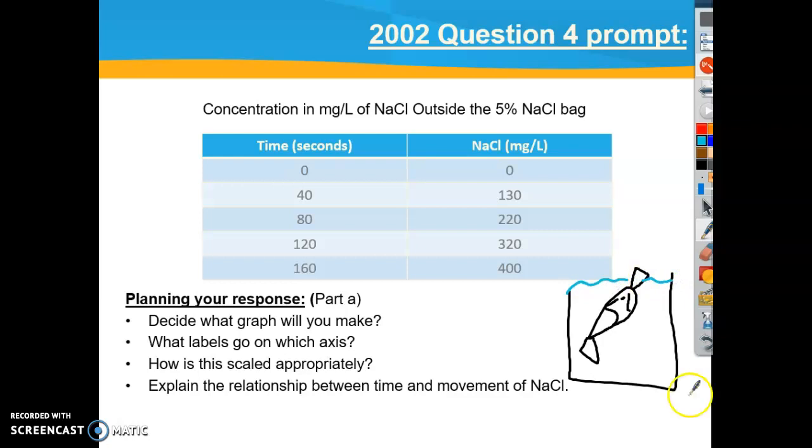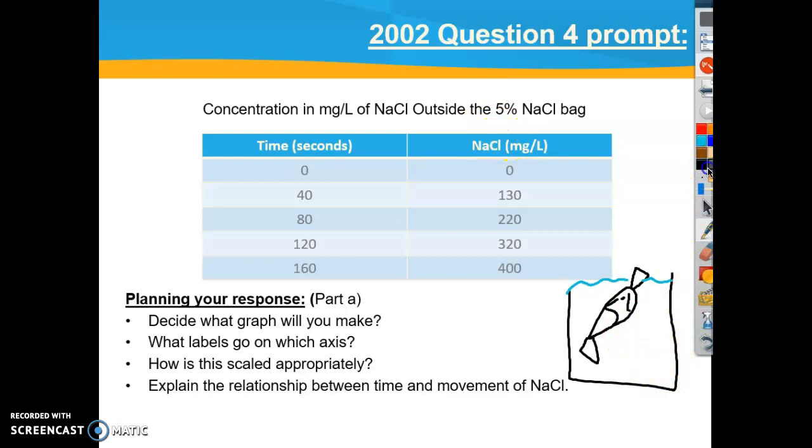Now, before this experiment, there's no sodium chloride out here in the water. What this data shows you is that every 40 seconds, the experimenter is measuring how many milligrams per liter of sodium chloride has entered the water.